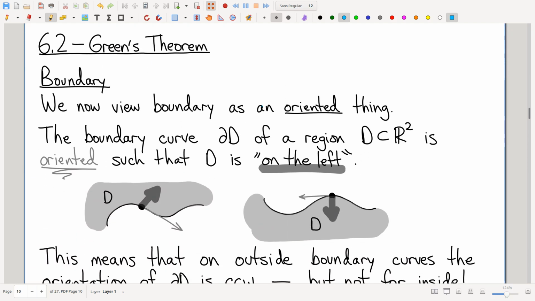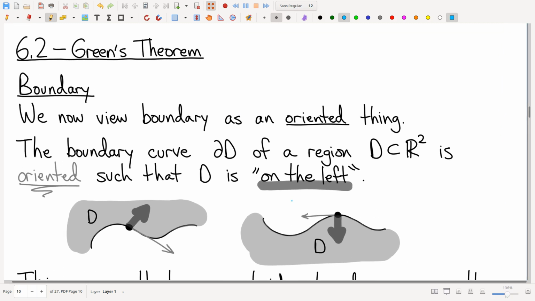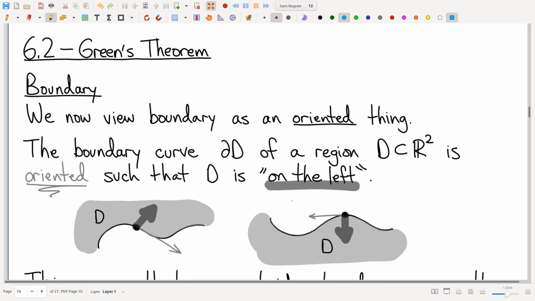All right, on to Green's theorem. This is a big one. This is also our first example of a collection of big theorems that structurally are just like each other.